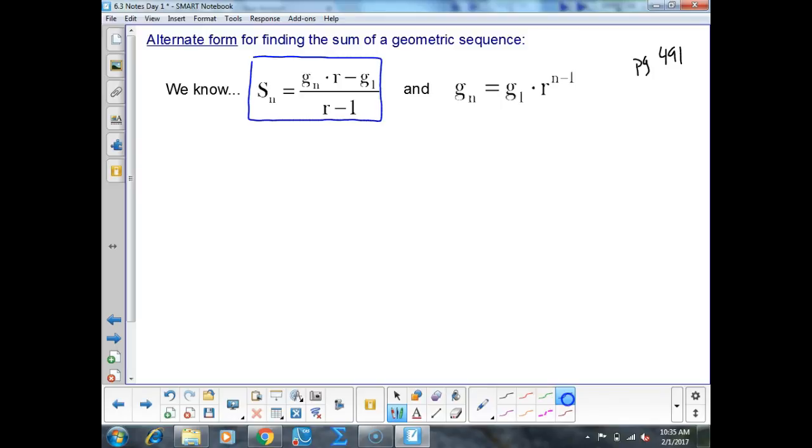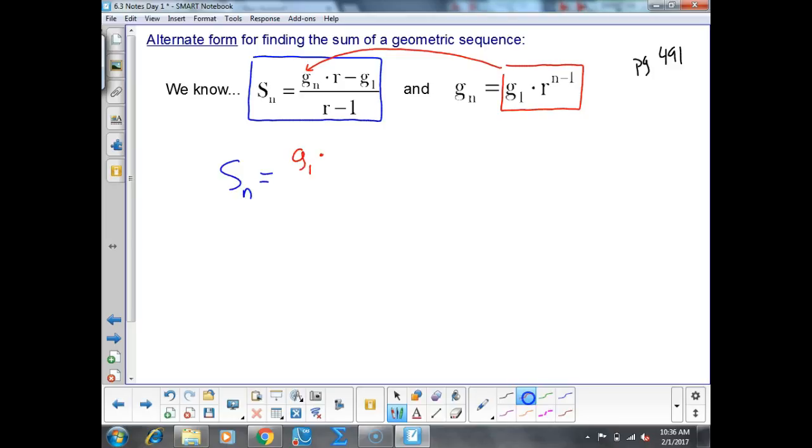But we can take our explicit formula for a geometric sequence, and we can substitute that back in. So if I do that, then I get S sub n is equal to G sub 1 times r to the n minus 1 power times r minus G sub 1 all over r minus 1.